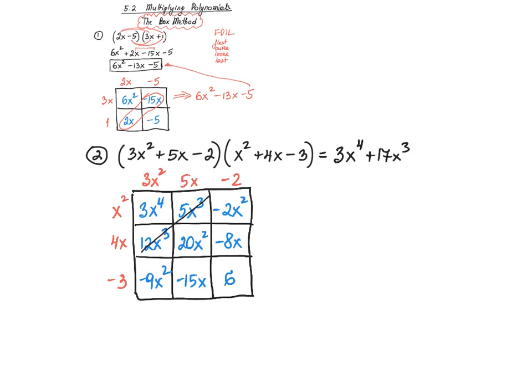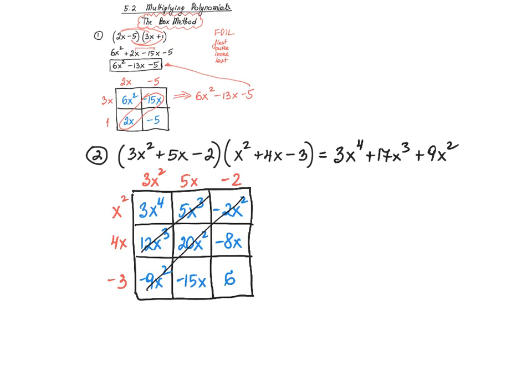Then along the next diagonal, I see all the x squareds. So let's combine them and see what we get. Negative 9 plus 20 is positive 11. And minus 2, that's a positive 9. So I have a total of 9x squared. Therefore, I write it here. That's this diagonal taken care of.